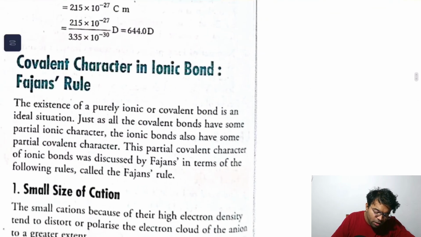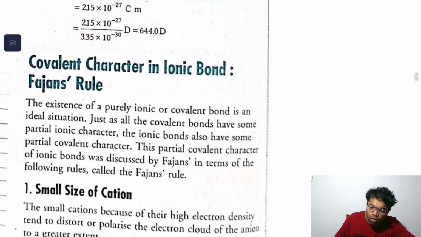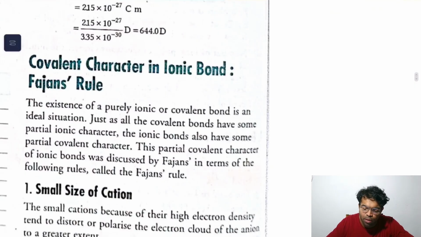Now the covalent character in ionic bond, called Fajan's rule. Now we have discussed the ionic character inside a covalent bond, right? No problem there. You have a selfish atom that is basically holding on to the shared pair of electrons towards itself.